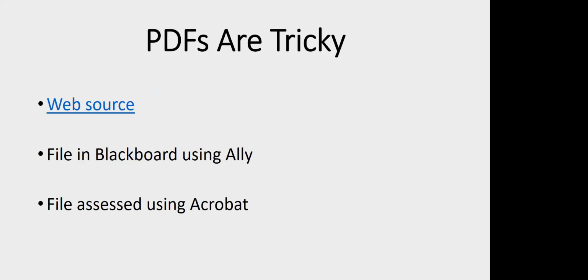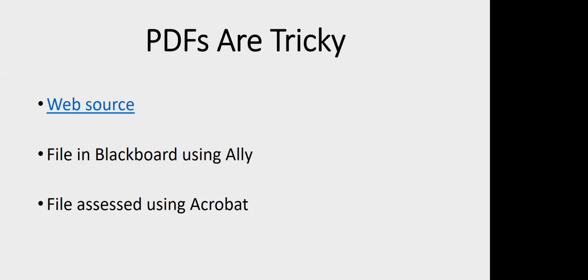So I'm going to finish up with PDFs. There is a sort of misnomer, I guess, that if it's a PDF, it must be accessible. And unfortunately, that is not true. So I'm going to take the same PDF and I'm going to show it to you in its web source, which is how I found it.